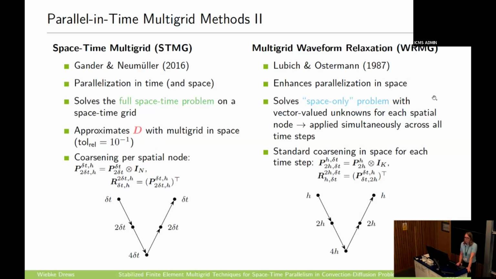So one can interpret this system as a space-only system, but with vector-valued nodes for each spatial point. We like to call this time simultaneously. And here we only coarsen in space, but for each time step. So prolongation and restriction operators are both Kronecker products. And here you see the V-cycle in this case.